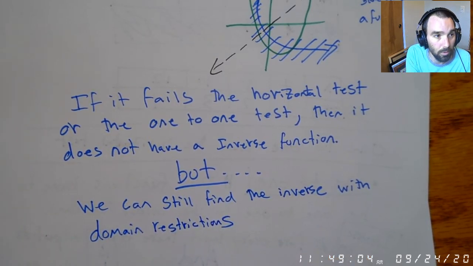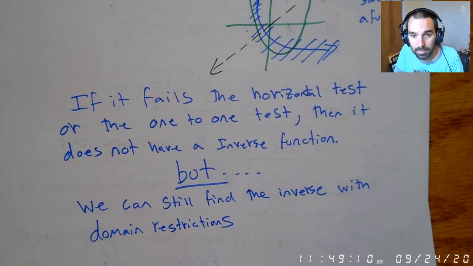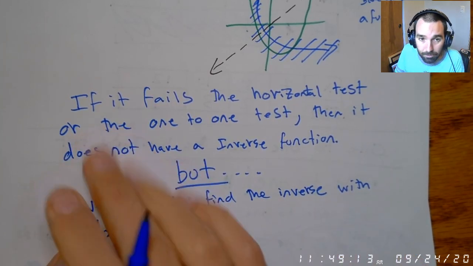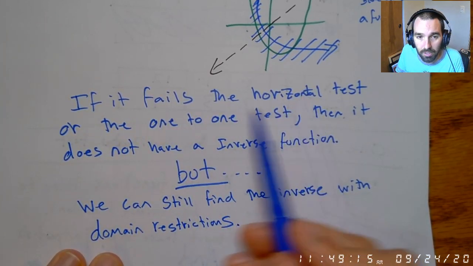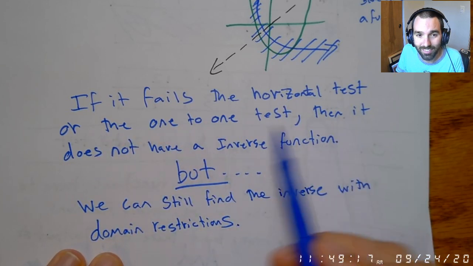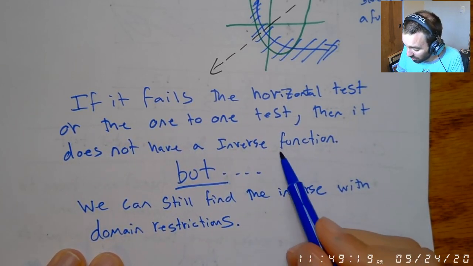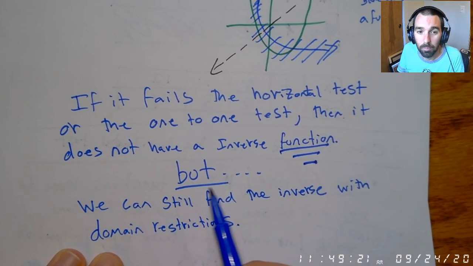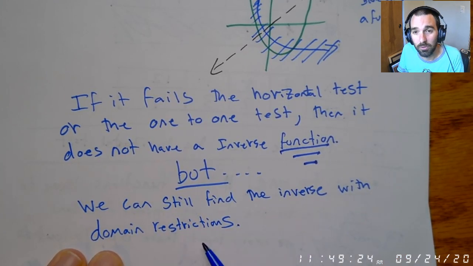Okay, sorry, that was a lot, wasn't it? Okay, so again, reading this. If it fails the horizontal test or the 1-to-1 test, then it does not have an inverse function. Okay, but we can still find the inverse with domain restrictions.